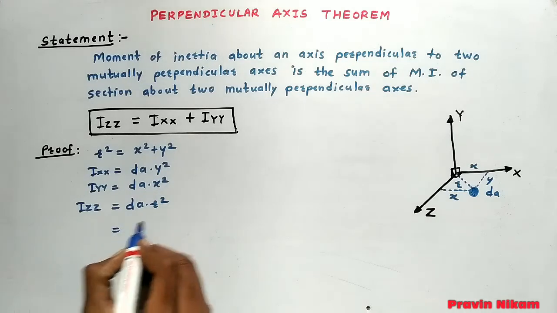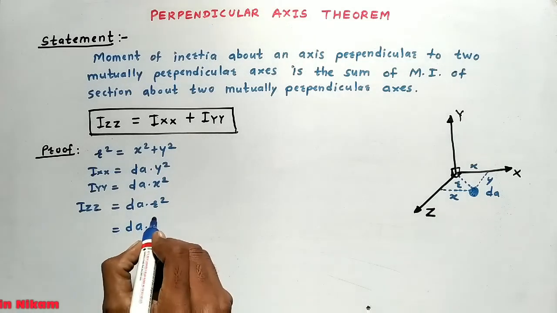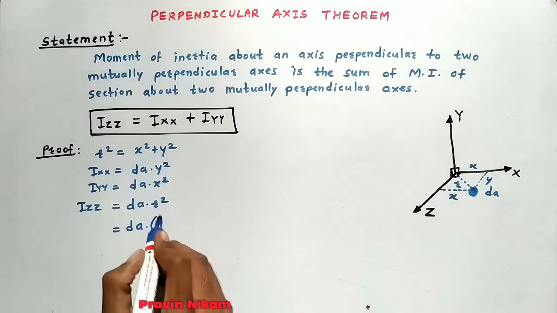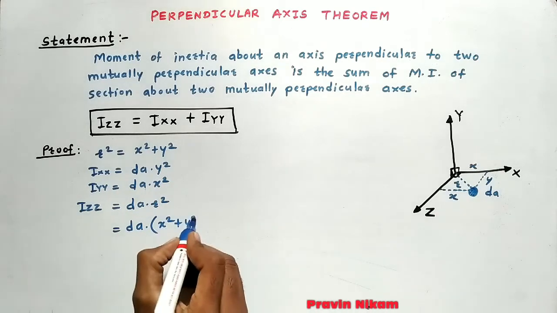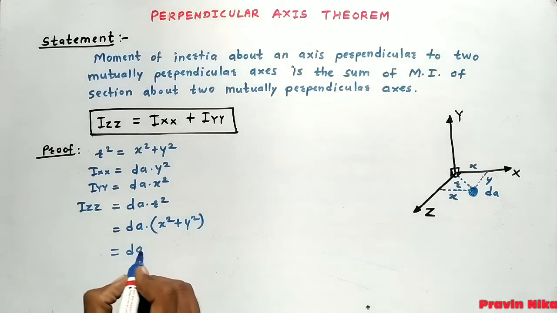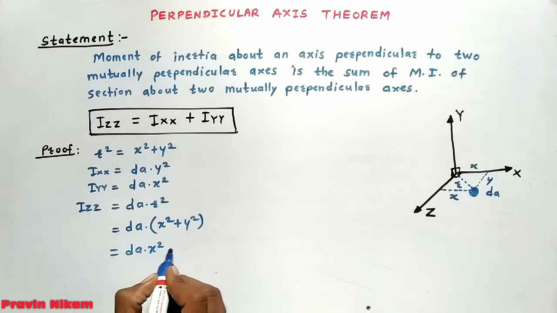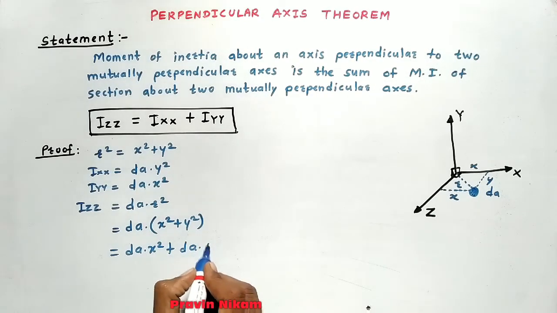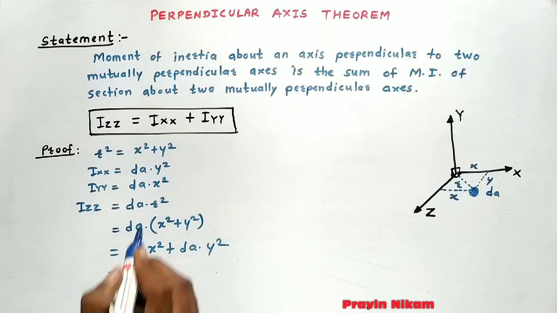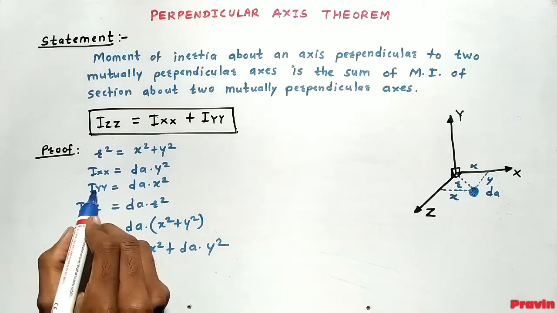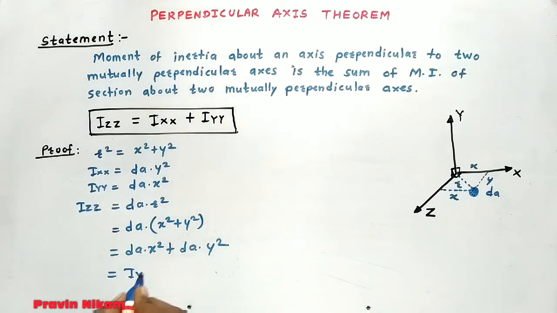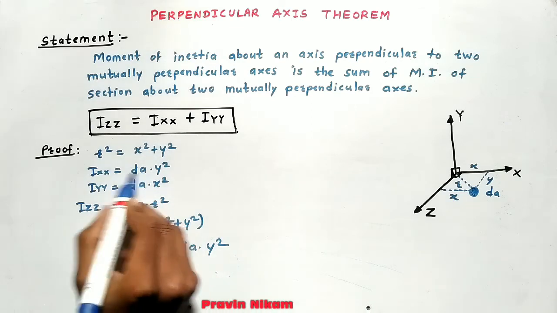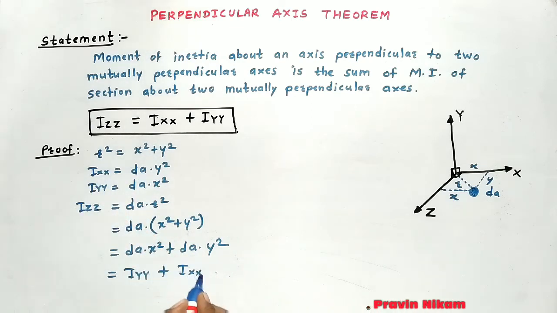That is dA into r square, which is x square plus y square. So that is dA into x square plus dA into y square. So dA into x square is Iyy and dA into y square is Ixx.